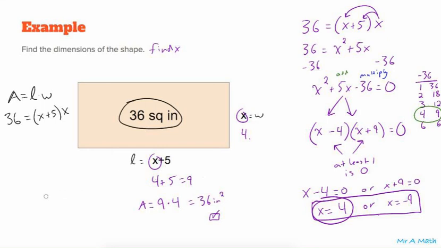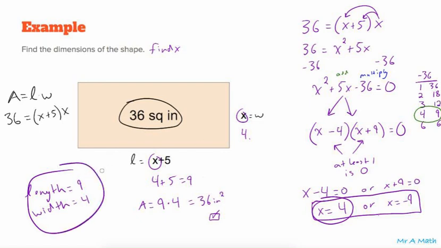So that means my dimensions are the length is equal to 9, and my width is equal to 4. All right, so given what we have about this shape, this is the length and the width. We had to factor this polynomial to get my two possible answers for x, and then we checked them, found out that negative 9 did not work and 4 did work for our practical example.